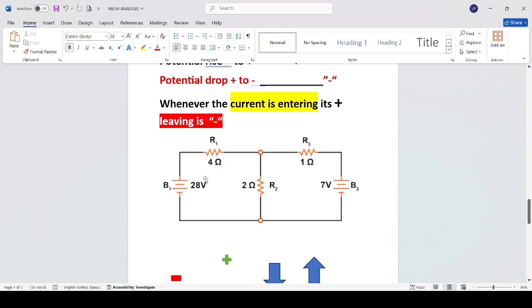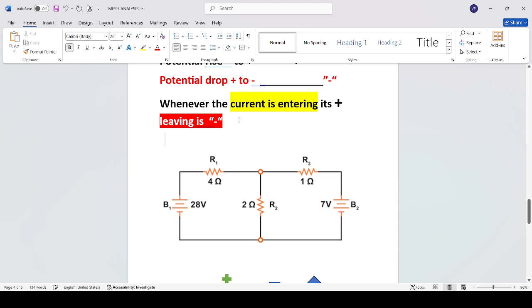So this is the circuit. For example, in this circuit, they may be asking to find out the current.